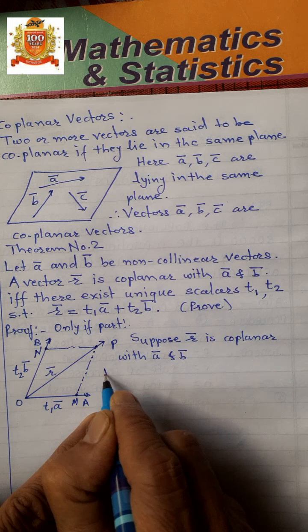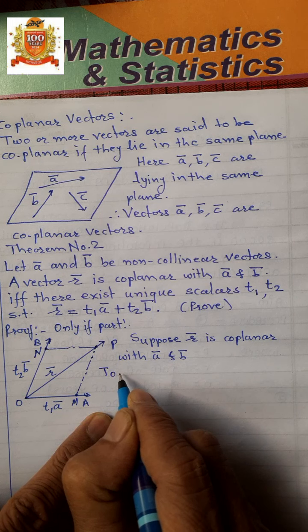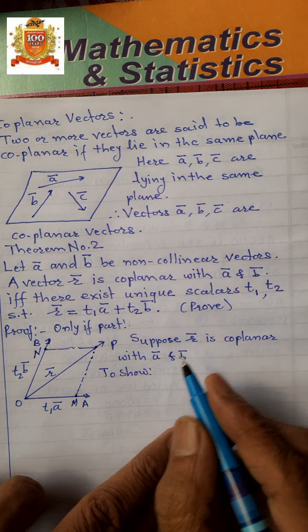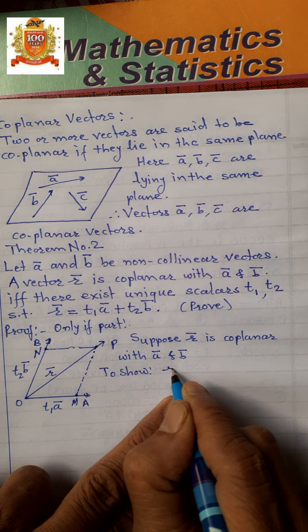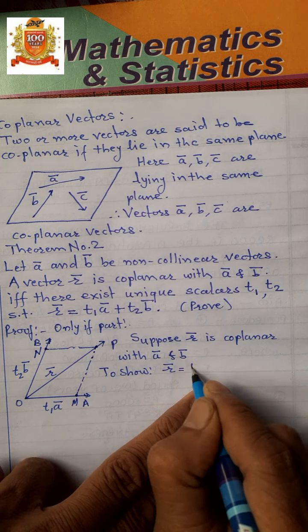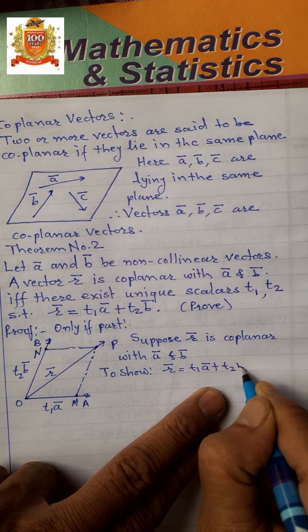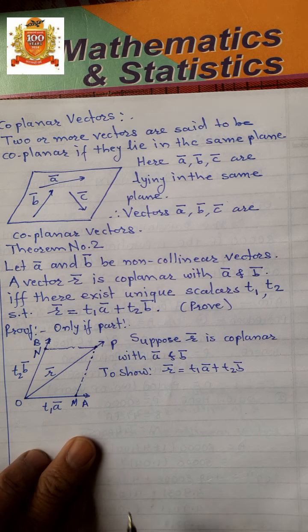To show, therefore to show R bar is equal to T1 A bar plus T2 B bar. We have to show this.